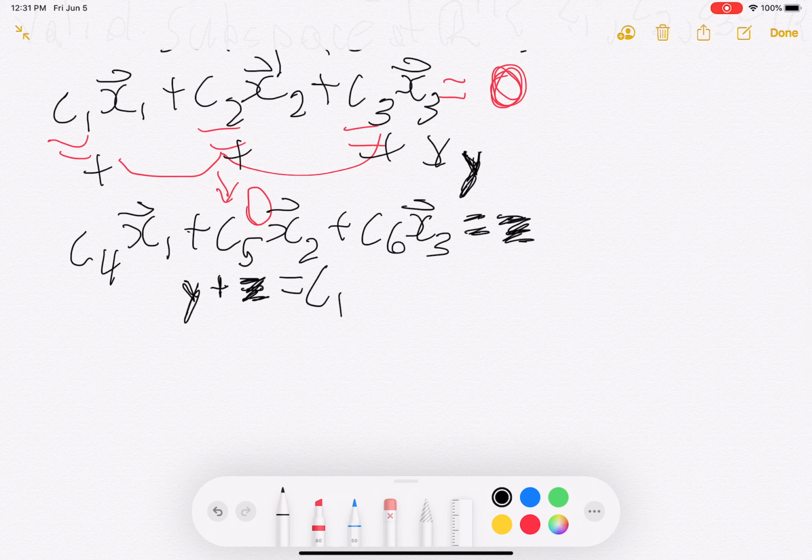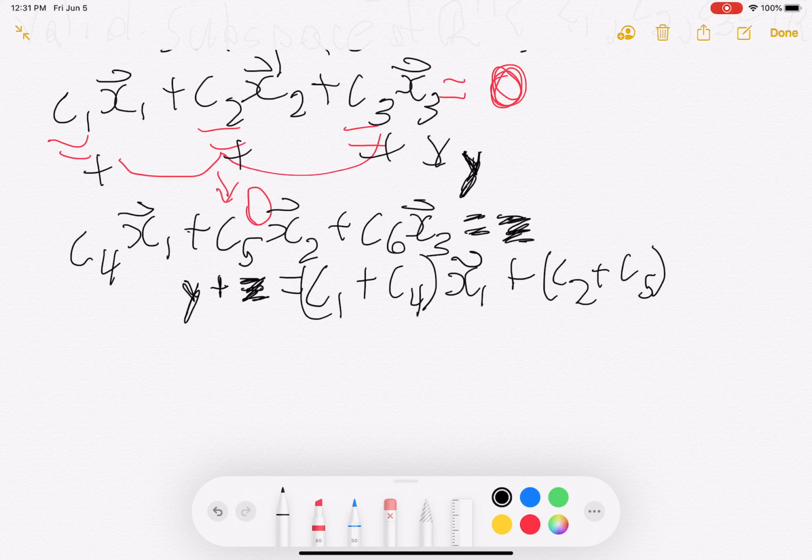So we can say c1 plus c4, all of that times x1, plus c2 plus c5 times x2, plus, finally, c3 plus c6 times x3.